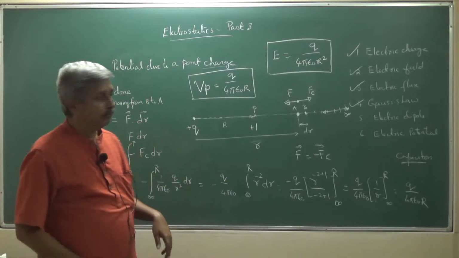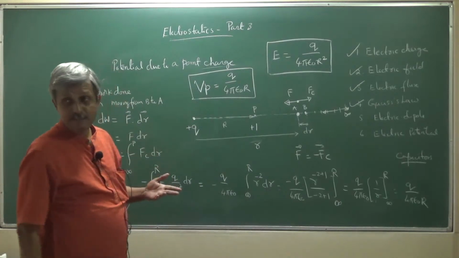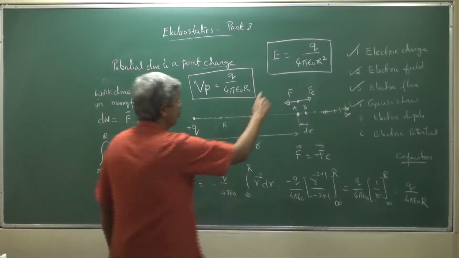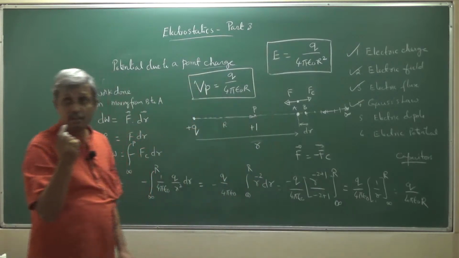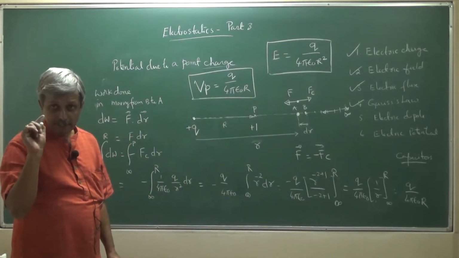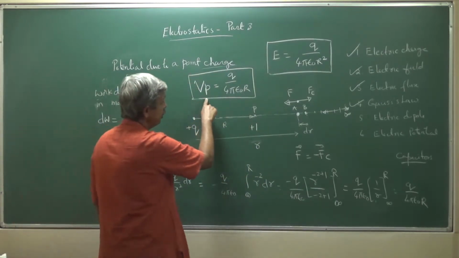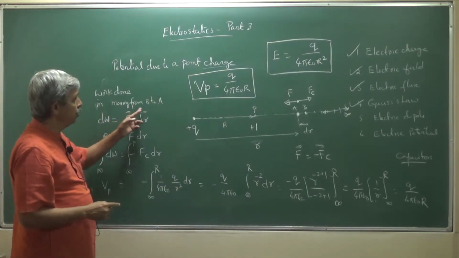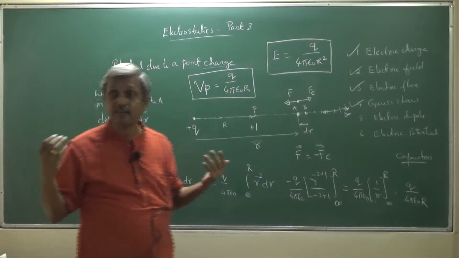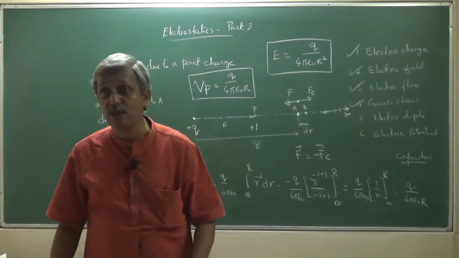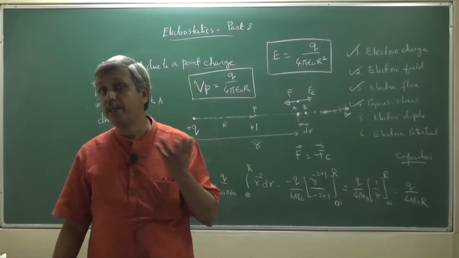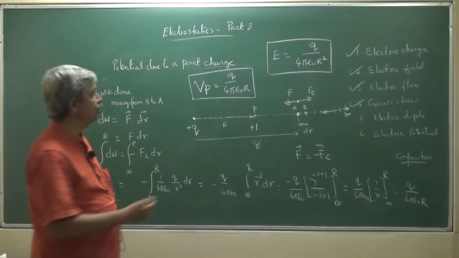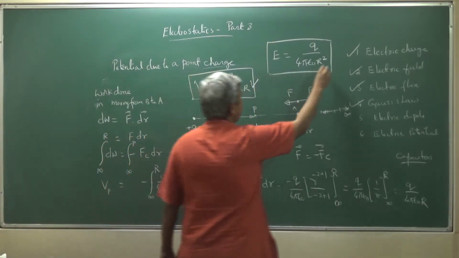Okay. So we can now see that we have derived the electrostatic potential for one single point charge by using the concept of work done in moving from infinity to that point. So we have integrated that. So we have understood how to integrate, why to integrate, all that. Okay. Now ultimately we have got these formulas.